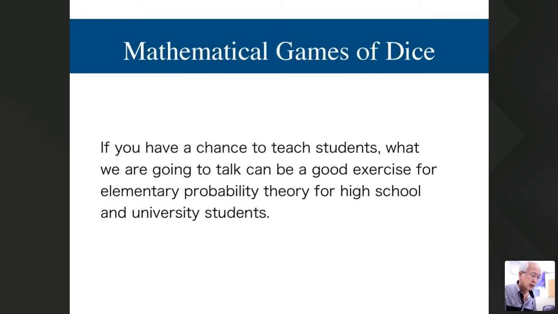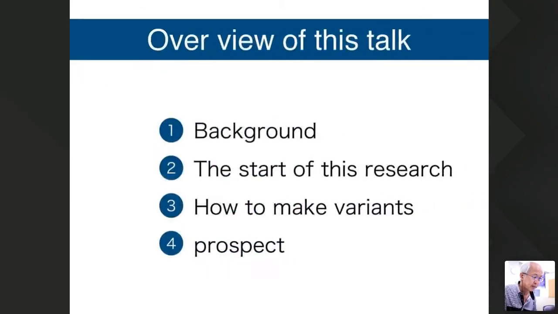I think this is a quite good exercise problem for junior high, high school, and undergraduate elementary probability theory. This is the overview of this talk: background, the start of this research, how to make variants, and prospects.